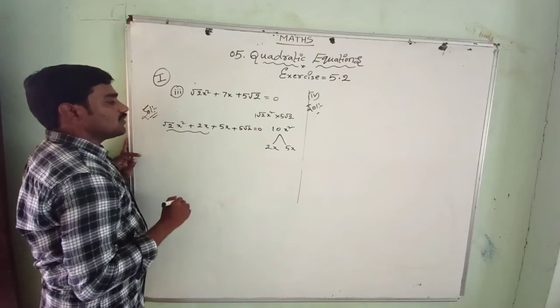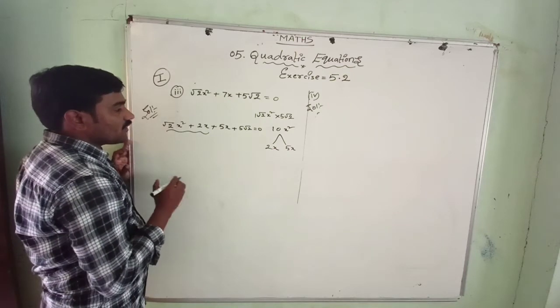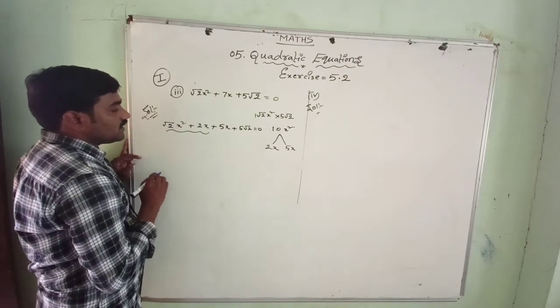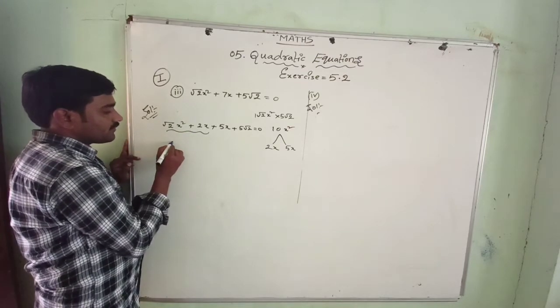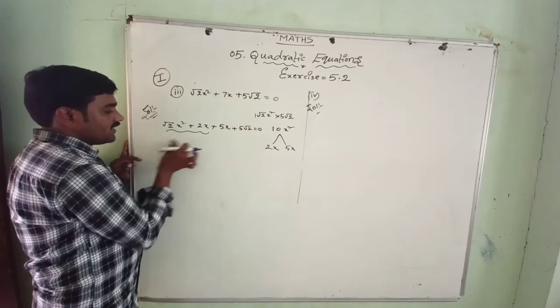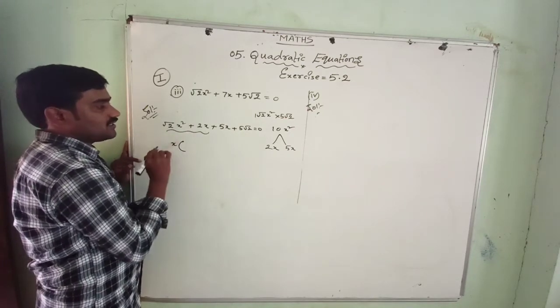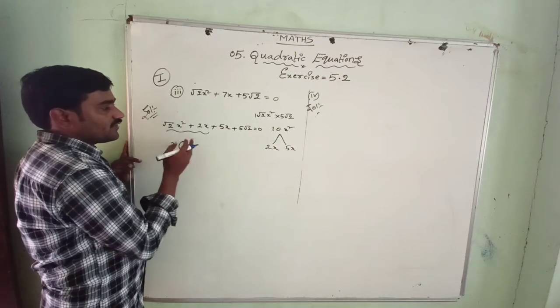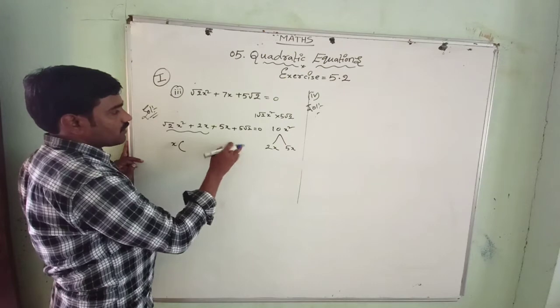In these two terms, what maximum common factor can we take out? Let us see if possible to take out only x first. If you take only x as a common factor, you get a problem here.